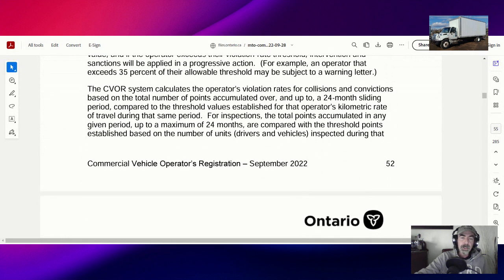The CVOR system calculates the operator's violation rates for collisions and convictions based on the total number of points accumulated over and up to a 24-month sliding period compared to the threshold values established for that operator's kilometric rate of travel during that same period.